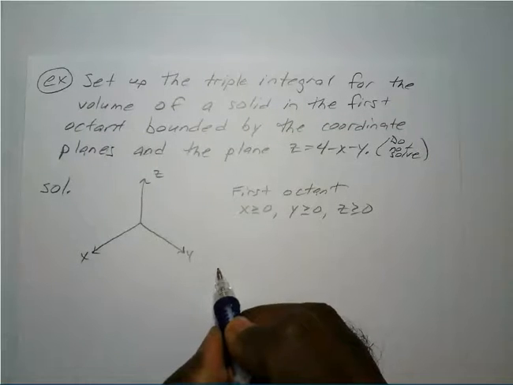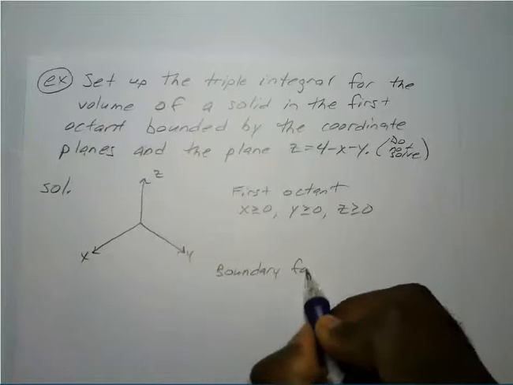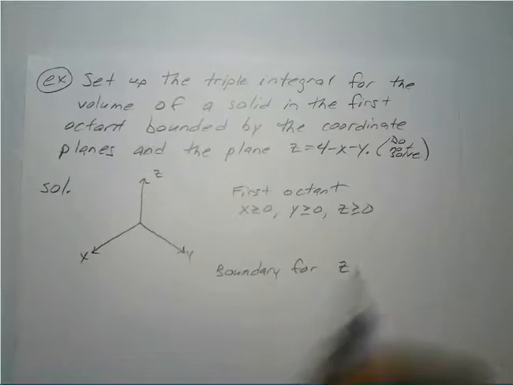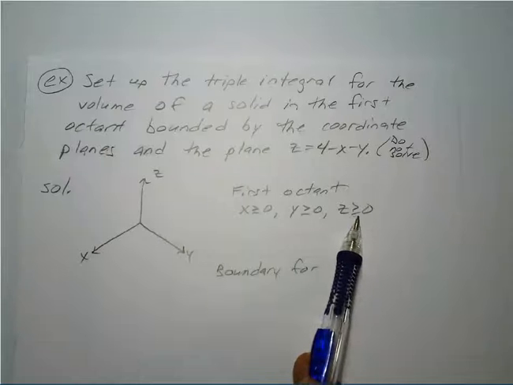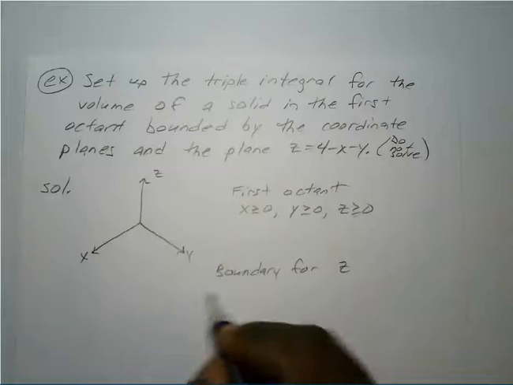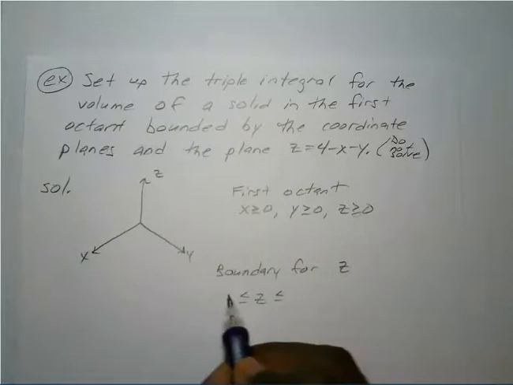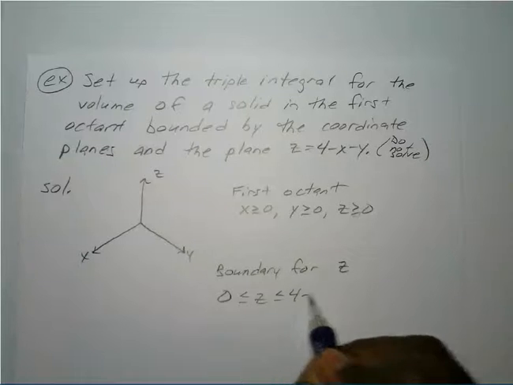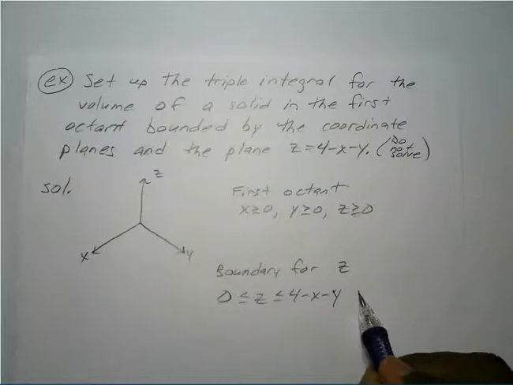If we're looking for the boundary for z, that's pretty much given to us because we know that z is greater than 0 and it stops at that plane. So z is between 0 and 4 minus x minus y.